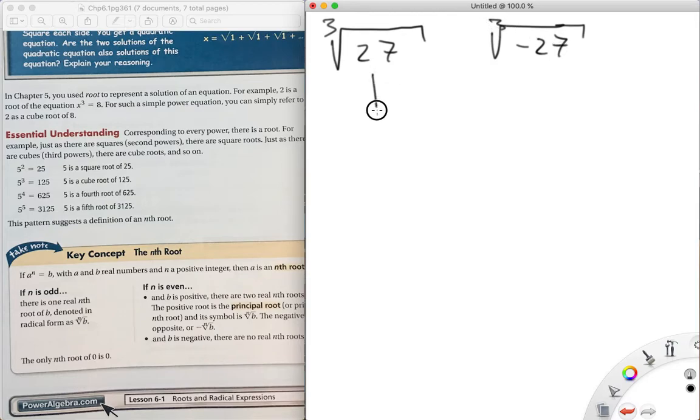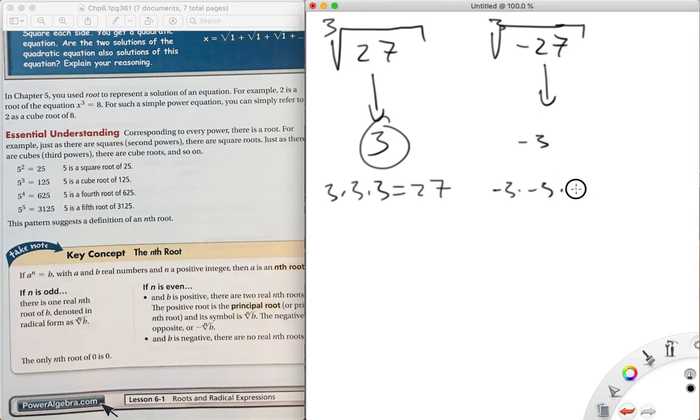If I was to cube root it, this would be 3, because 3 times 3 times 3 equals 27. If I was to cube root a negative number, in this case it would be negative 3, because negative 3 times negative 3 times negative 3 equals negative 27.